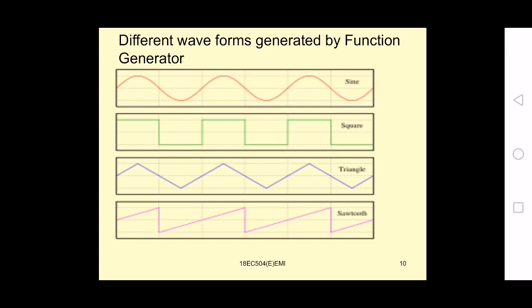So these are the different waveforms generated by the function generator. First one is sine wave, second one is square wave, third one is triangular waveform, and fourth one is sawtooth waveform.